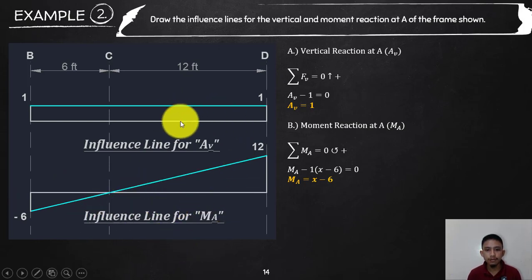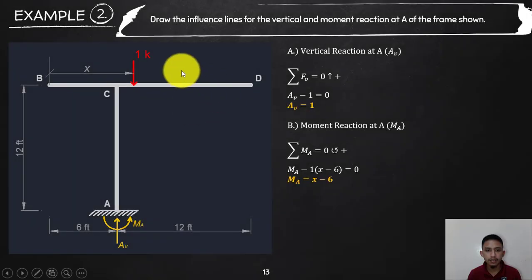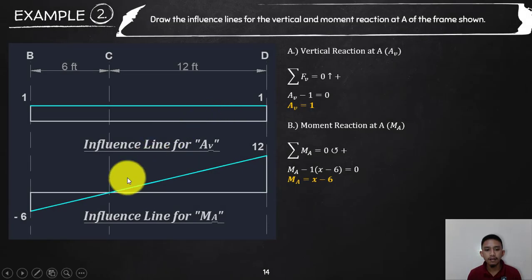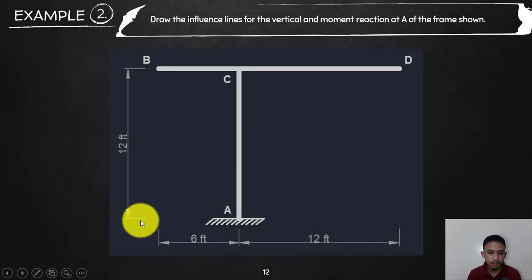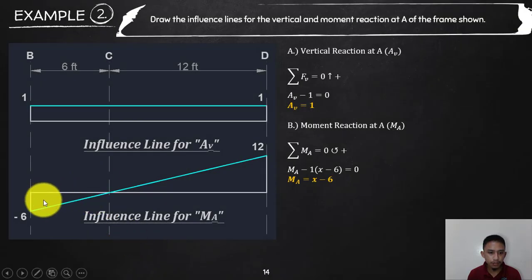So if you want to get the maximum AB, that will be maximum in any location. So meaning you can apply your load at any position, and your AB will remain the same. And then of course your moment, that will be maximum negative. Your moment here will be negative. It means negative. My assumption is counterclockwise, isn't it? So it means that will be going clockwise when your load is within this span BC.